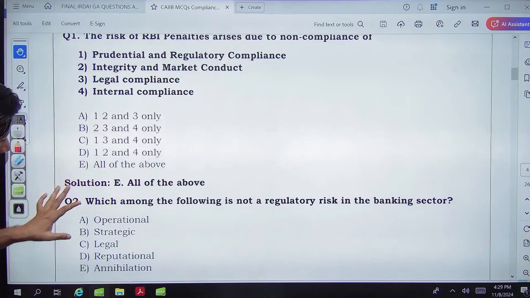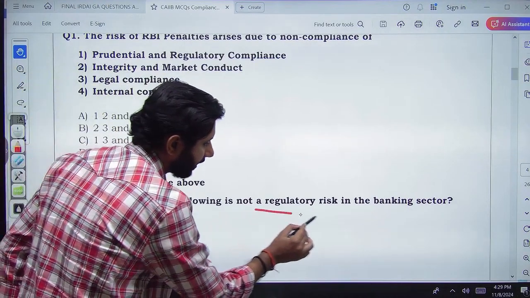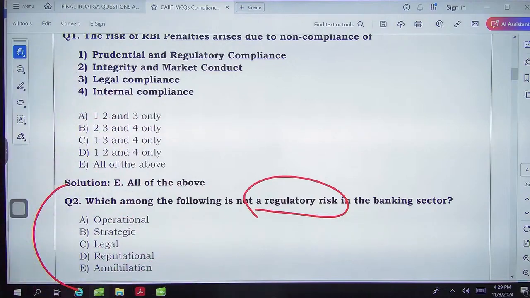Next question: which among the following is not a regulatory risk in the banking sector?